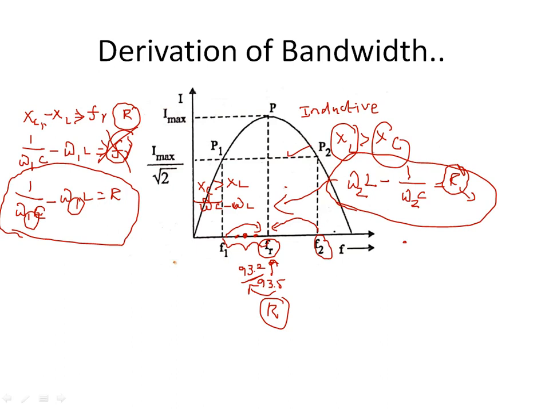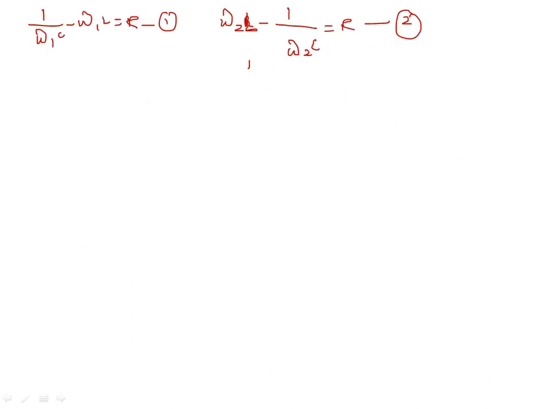So with the help of these two equations, we can derive the bandwidth as well as the resonant frequency. So keep these two equations in your mind strongly, my dear students. Now we have two equations. Now I am going to simply add these two equations, 1 plus 2, that is leftmost side with leftmost side, similarly rightmost side with rightmost side.